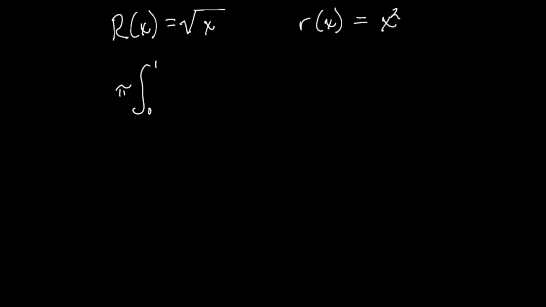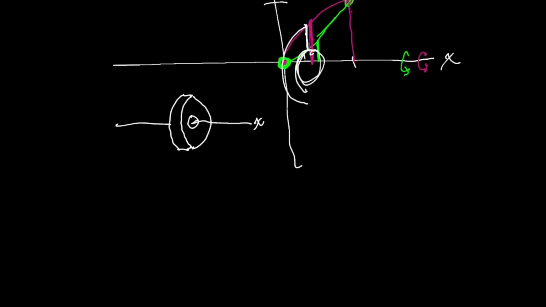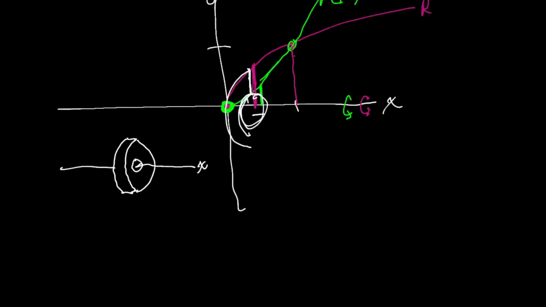But my r squared is going to be the big R of x minus the little r of x, so that's squared. And the height of each one of these washers is my dx on my axis from over here, okay? So my dx goes this way.